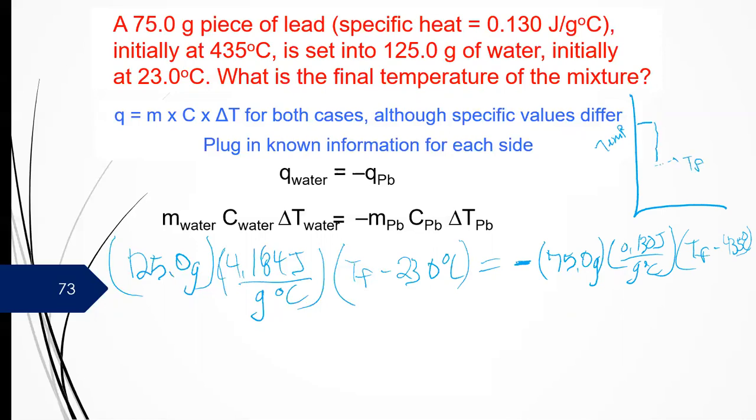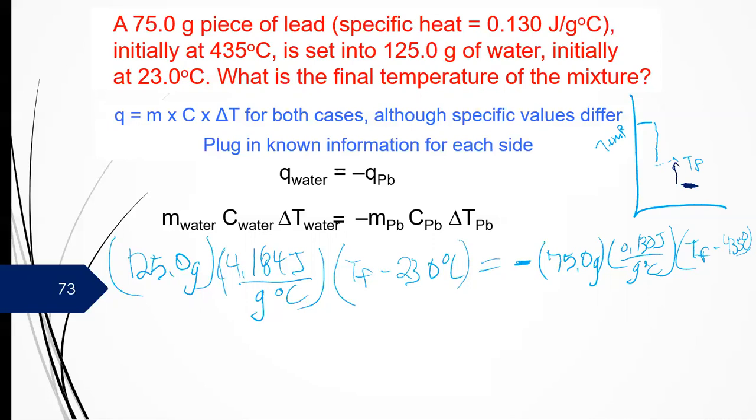The other one is starting from its lower temperature, 23, and it's going to move some amount to get to that final temperature. So they're both going to end up at the same final temperature, but what we don't know is where that is, because it depends on your masses and your heat capacities. If you have a big change in either one, then one side will move a lot more than the other. We can't just meet in the middle.